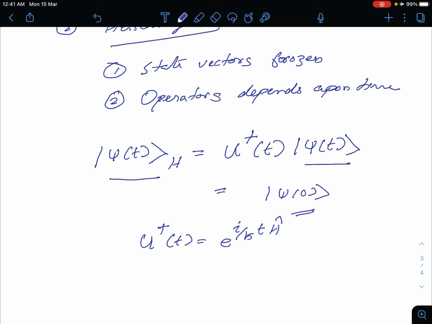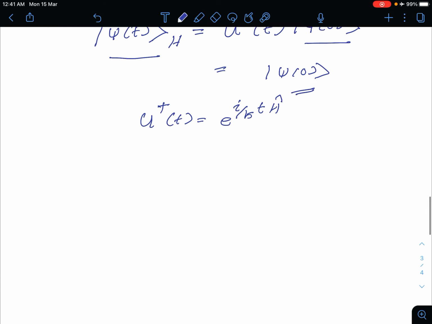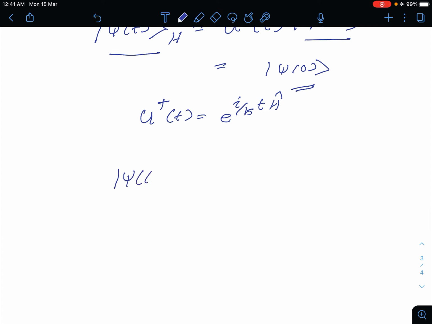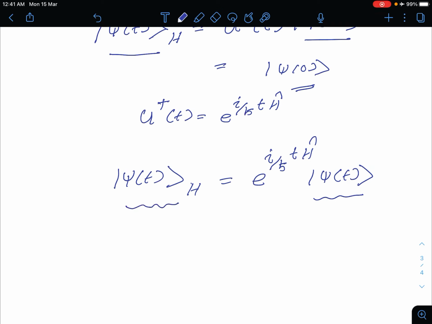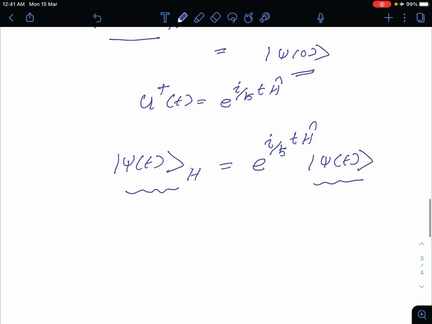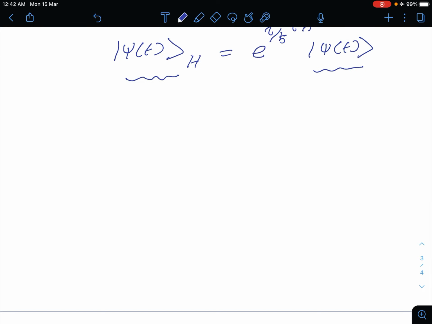So generally, psi of t in the Heisenberg picture is simply e raised to i by h cross t h cap, psi of t in the Schrodinger picture. This is the state vector in the Schrodinger picture, and this is the state vector in the Heisenberg picture. These are just brushing up things, don't worry about it.